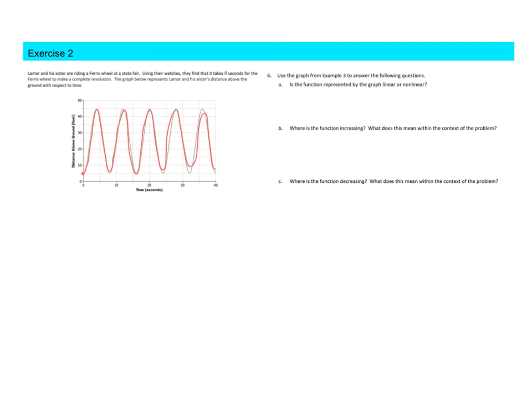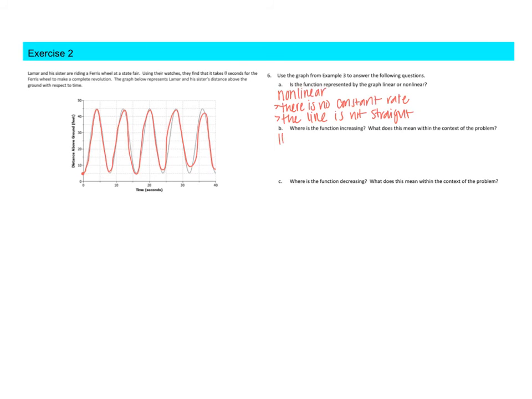All right. Based on this graph, this is a non-linear graph. There's no constant rate. And the line is not straight. That's your reasoning. Okay? Where's the function increasing, and what does that mean?